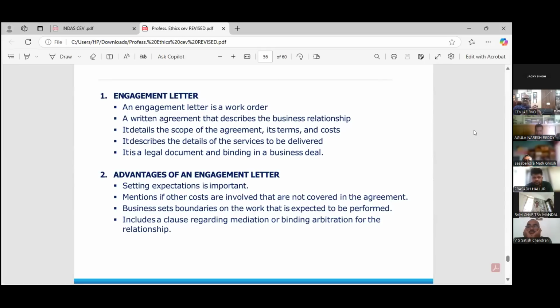Am I audible? Yes, sir. Presently, we are working in NHA as a consultant, sir. Are you getting this letter? Yes, sir. After appointment only I am giving my service, as a consultant, not as a valuer, sir. It doesn't matter.